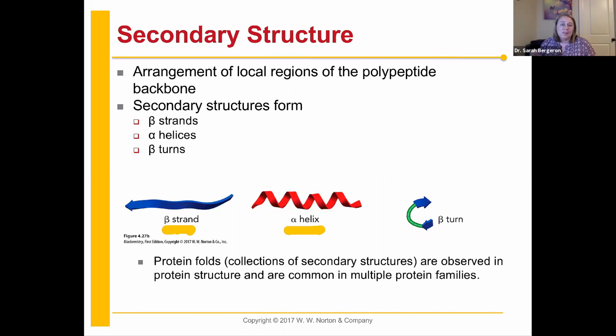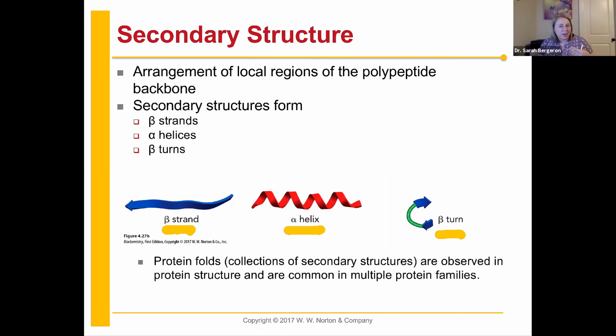Alpha helices are like coils, like remember the telephone coil, the retro telephone coil. And there are 4 basic kinds of helixes, and we'll talk about each of the major 4. And then we have beta turns. So beta turns are basically when you go from one beta strand to another beta strand. And those are the really organized 3 secondary structures.